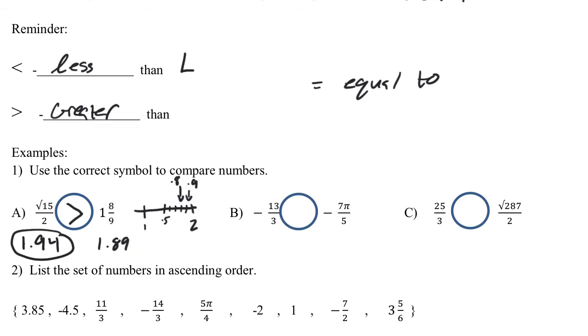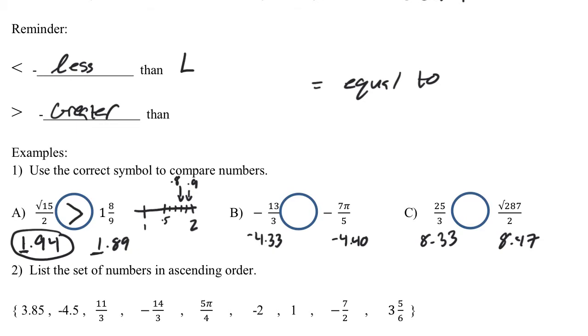So a 0.9 will always be bigger than a 0.8, as long as the number in the ones place is the same. So whatever number to the left of the decimal is the same. All right, let's take a look at the next one. Pause the video for B and C. Go ahead and try those out. Get them as decimals. See if you can compare those numbers.